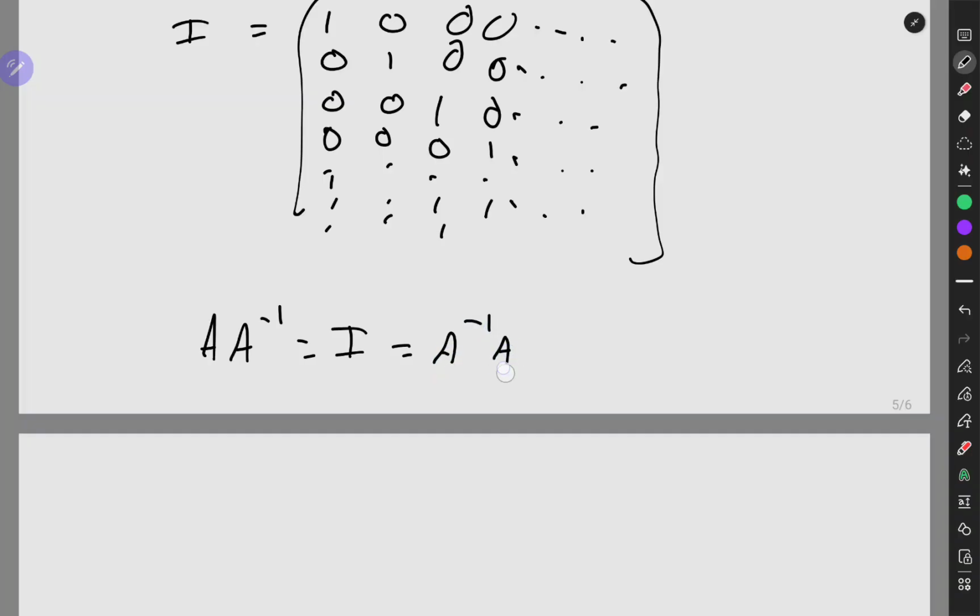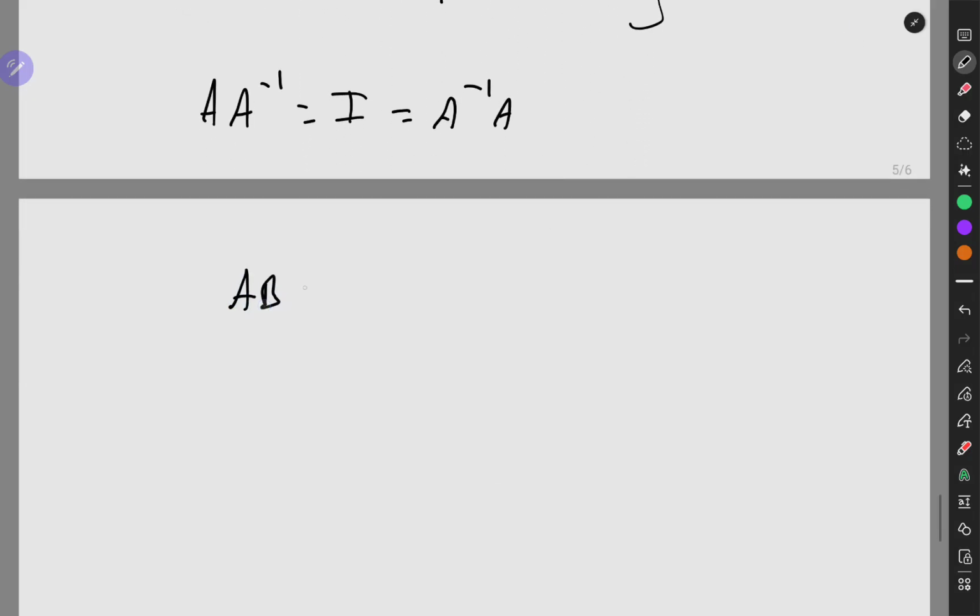I know we said that this is the cool property about the identity matrix. This basically changes the rules where we can have A times B is equal to B times A. This only works where B is the inverse of A. I know that was kind of redundant to the last step, but you'll see where I'm going with this.